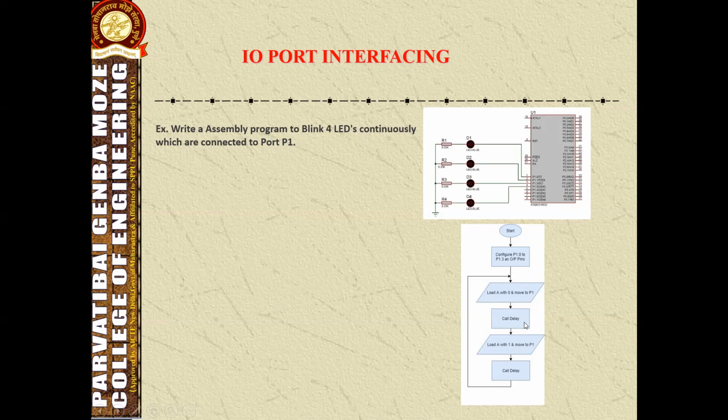Then we should call some time delay. After some time, we should load the accumulator with a high signal, the value n. Then using the accumulator, we send the high signal to this port.